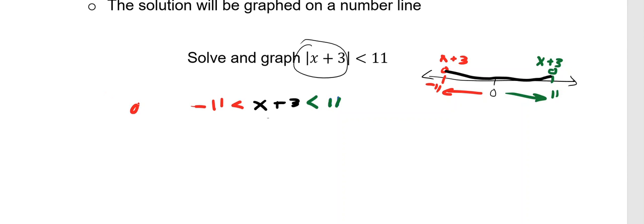You can see that we've essentially created an "and" statement, our sandwich statement. So now, from what we have experience doing, we solve this as we would an "and" compound inequality.